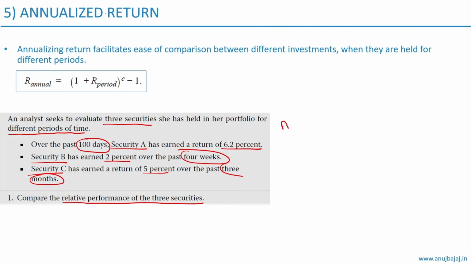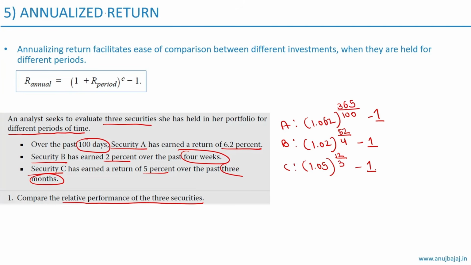So security A's annualized return will be 1.062 raised to the number of days in a year, which is 365, divided by 100, minus 1. B's annualized return will be 1.02 raised to 52 weeks divided by 4, minus 1. C's annualized return will be 1.05 raised to 12 divided by 3, minus 1.